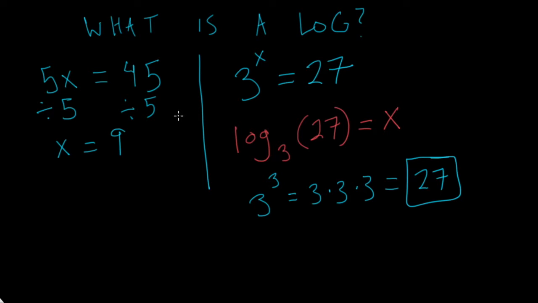Moving along, say we're given something like log base 2 of 8. If we want to go from log form to exponential form, then we say, 2 to the what power is equal to 8?